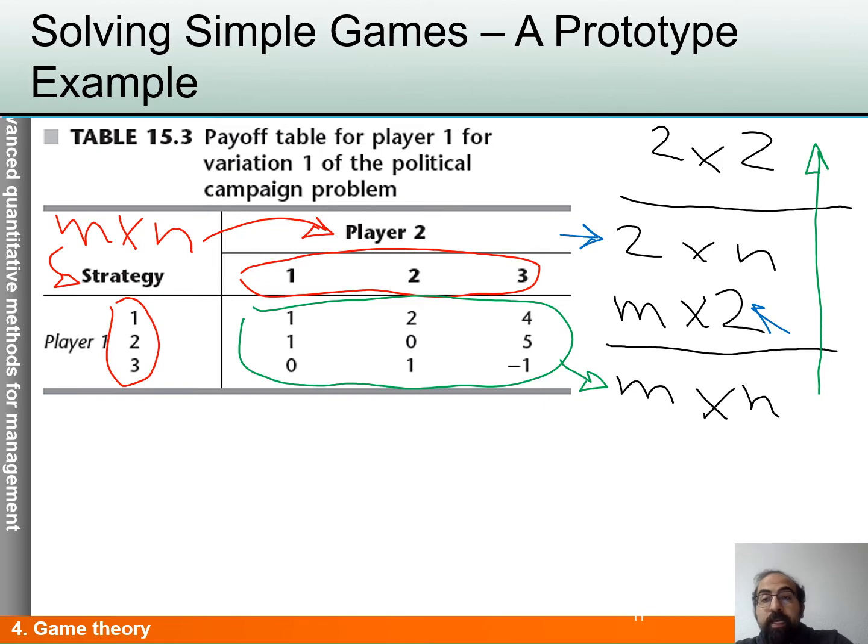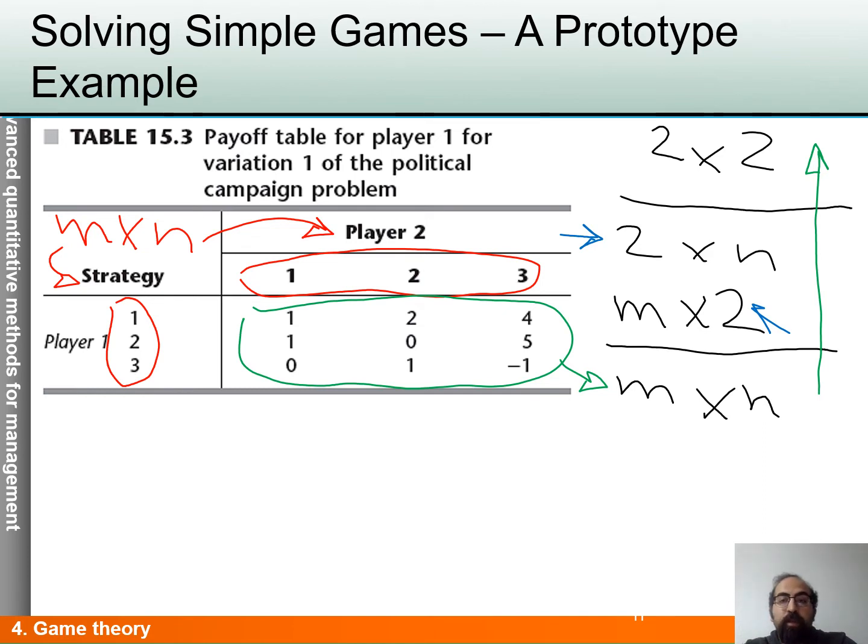So the easiest form is the algebraic solution, then the graphic solution, and finally linear programming. So we try to reduce the size of the table to move toward this 2 multiplied by 2 size. So let's see what these dominant strategies are.